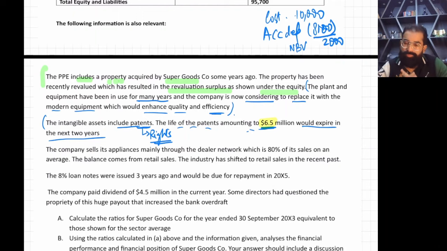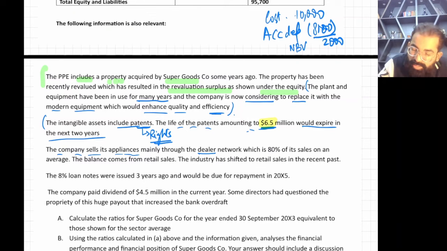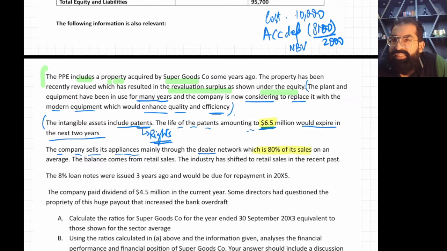These are points. The company sells its appliances mainly through the dealer network, which is 80%. See, this is one more bad news. 80% of sales, that means that from total sales, 80% are done through dealers on average. The balance comes from retail sales. Now, use your brain.